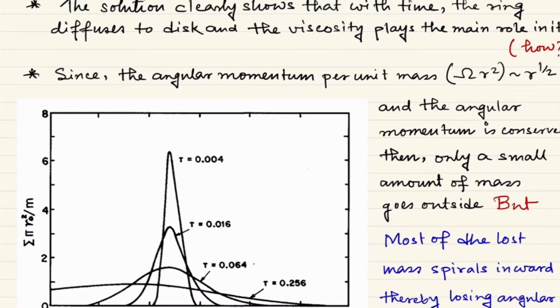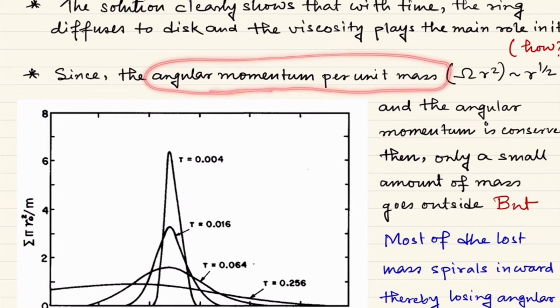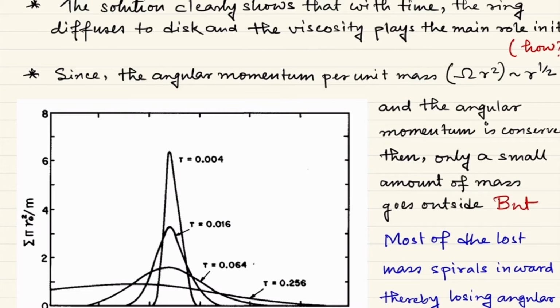Okay, and as the specific angular momentum per unit mass increases with r, we can say that only a small amount of mass can have large angular momentum, and vice versa, a large amount of mass can have small angular momentum.